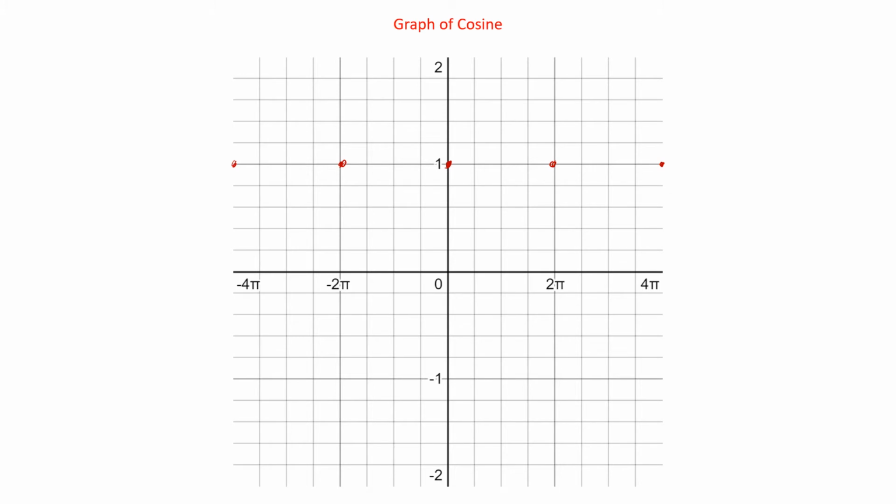Generally speaking, when we're looking at graphing trig functions, it's in radians. The -1 is going to be at the odd pi's, so at 1 pi, at 3 pi, -1 pi, -3 pi, and then at the pi over 2's, it's going to equal 0.